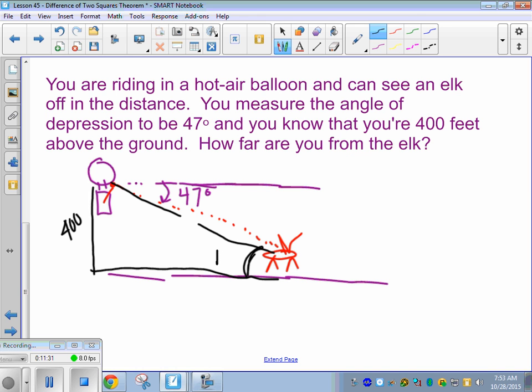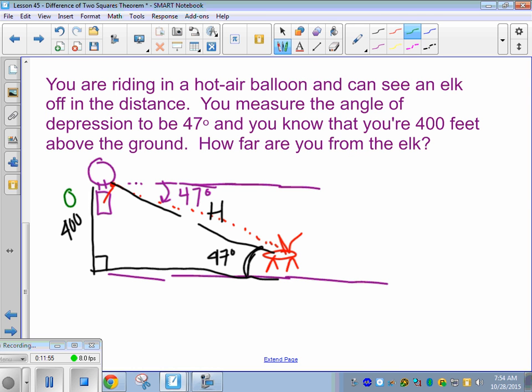So I'm just going to relabel this one down here at 47, so I have a triangle that we're more used to seeing, 47 degrees. 400, how far are you from the elk? So if we use this 47-degree angle as our reference angle, this side is going to be my hypotenuse because I have my little right angle down here. So this is my H. What is my 400, adjacent or opposite?